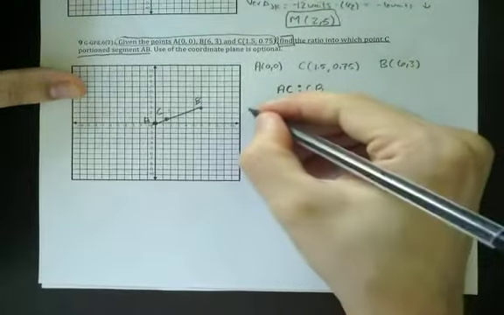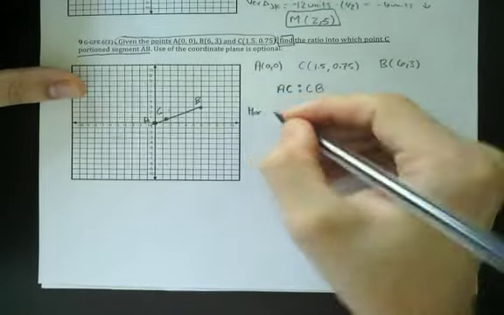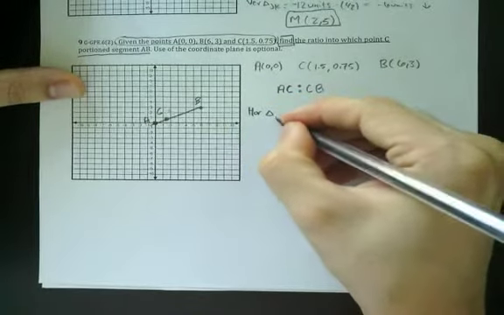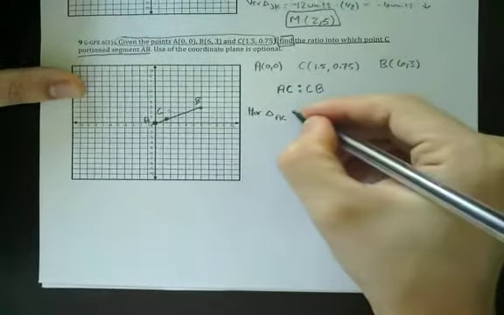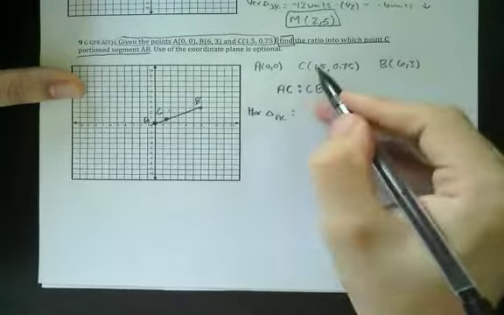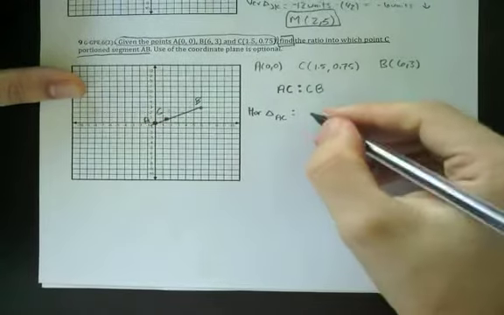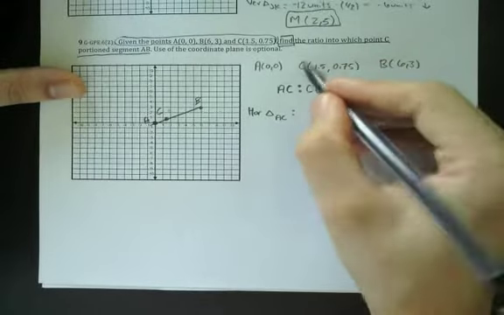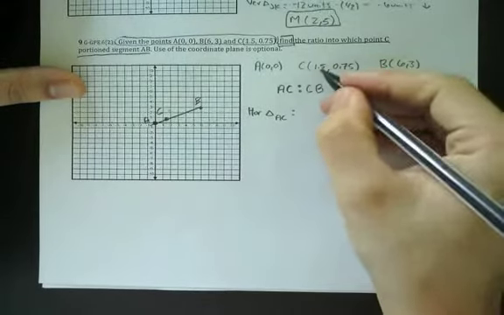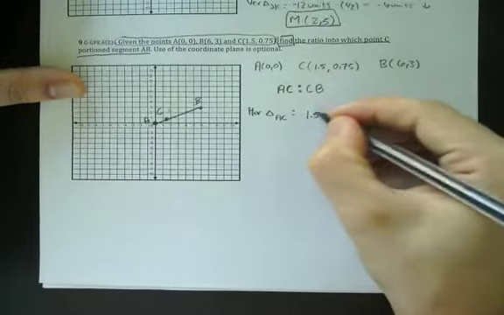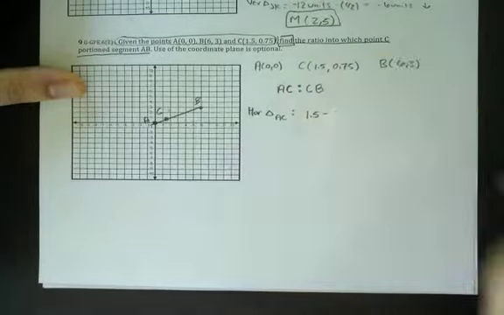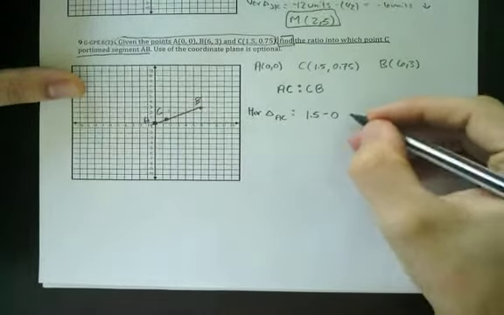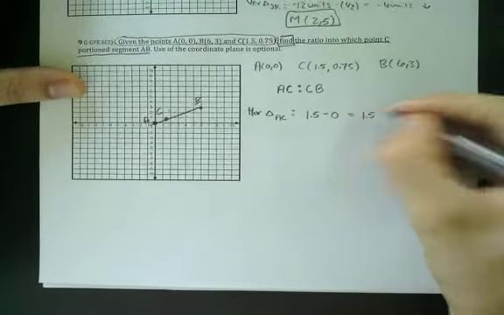The first thing is I'm going to find the horizontal change from points A to C. I can do this using the coordinates of each point. I'm just going to find the difference of the x-coordinates of C and A. So the x-coordinate of C is 1.5 minus the x-coordinate of A, which is 0, which gives me 1.5 units.